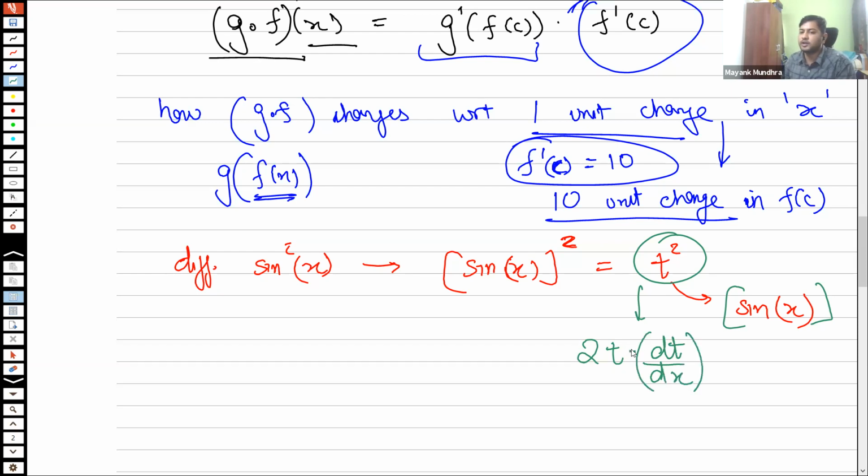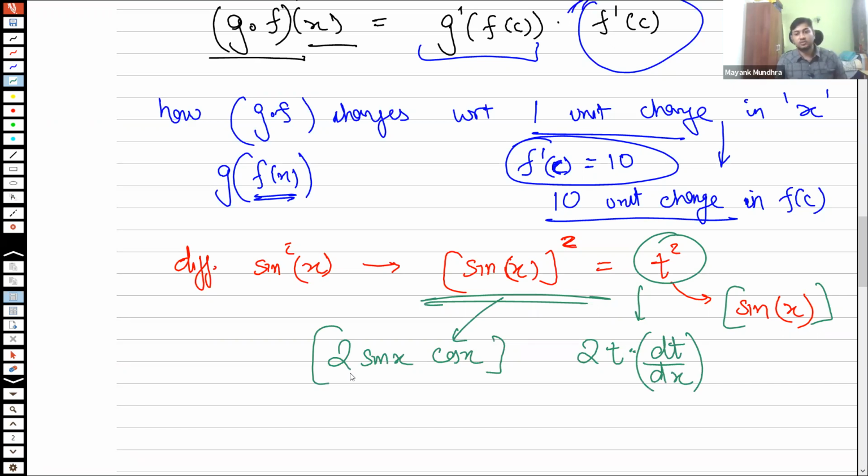So that's one way to do this in the initial days. Obviously, when I look at this, I directly write 2 sine x cos x, because I've had that much practice. I do differentiations on a daily basis, day in day out. My work is with equations all the time. I look at sine square and I give you the derivative.